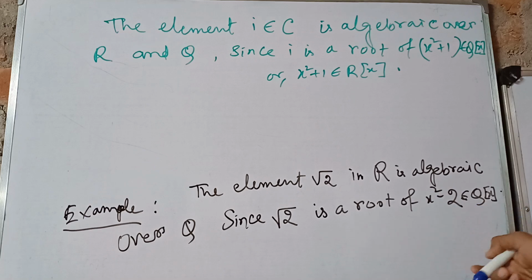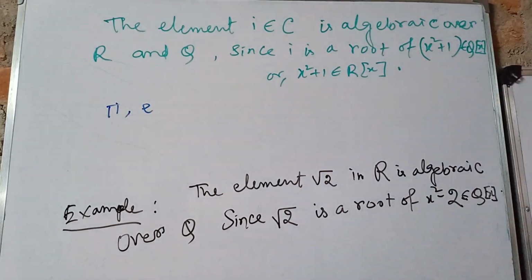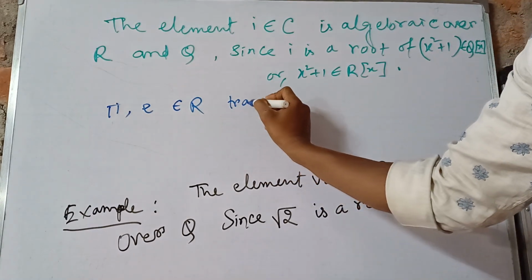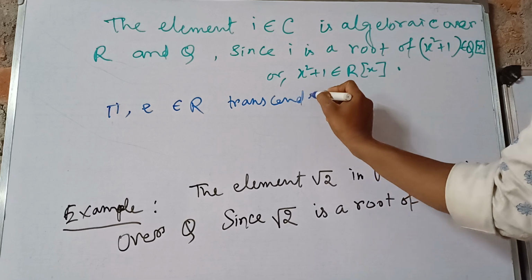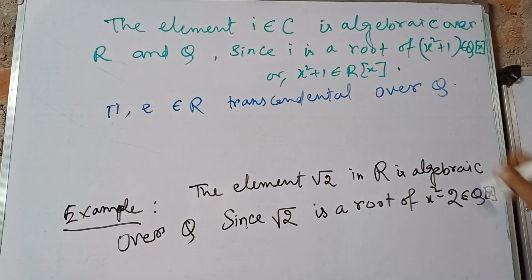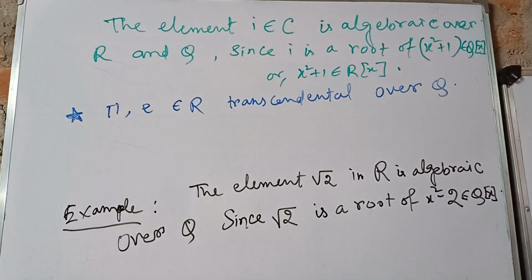Now we also know about pi and e. Pi and e belong to R, obviously, and are transcendental over Q. They are not a root of any polynomial, that is, no equation with rational coefficients gives this root.